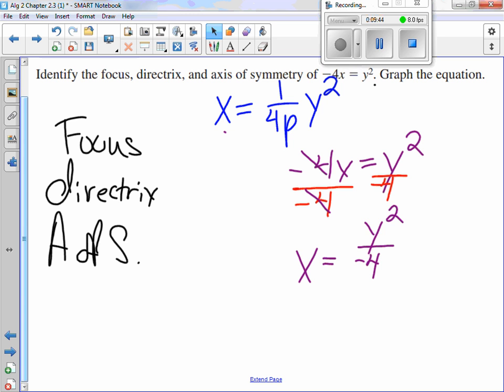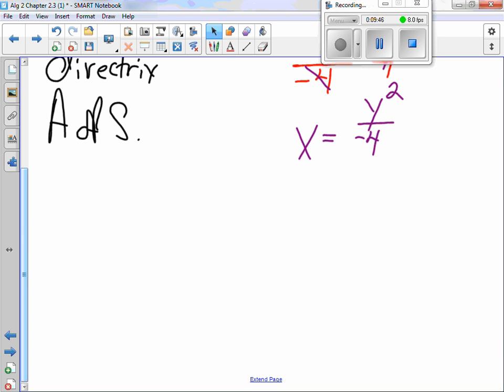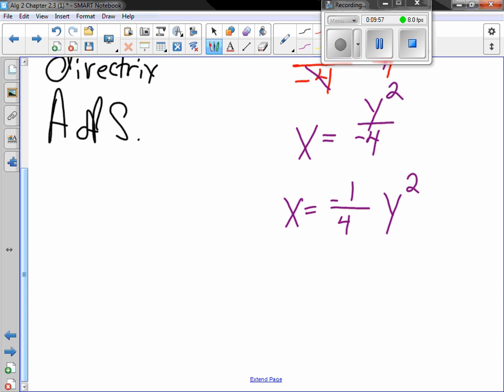We got that. Now, I'm going to rewrite this as x is equal to negative 1/4 y squared. I'm going to move the variable outside that fraction. Are we comfortable with that? Yes?